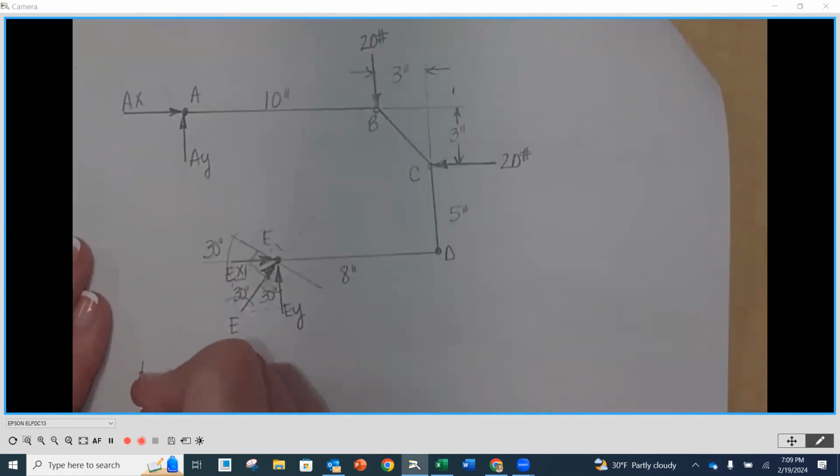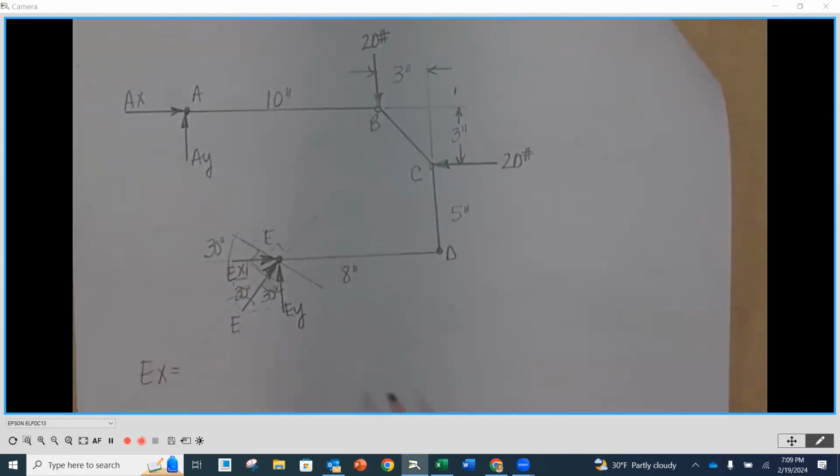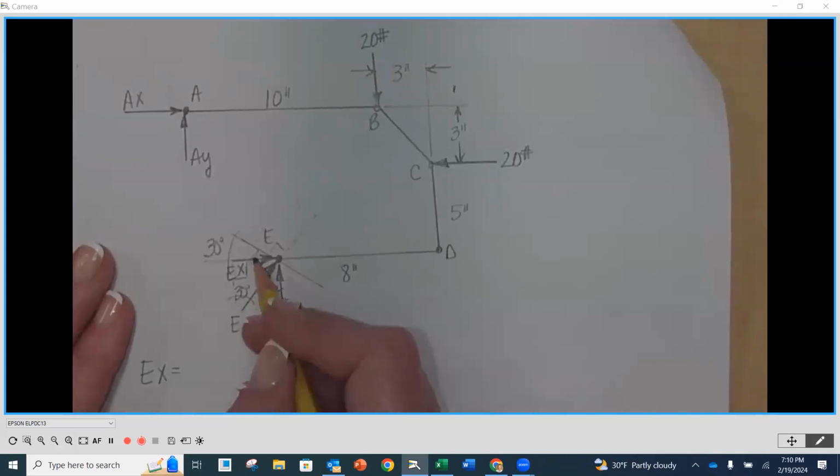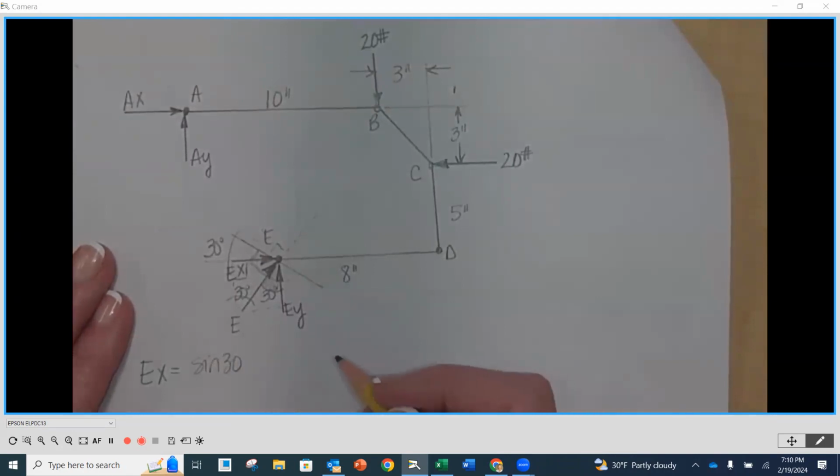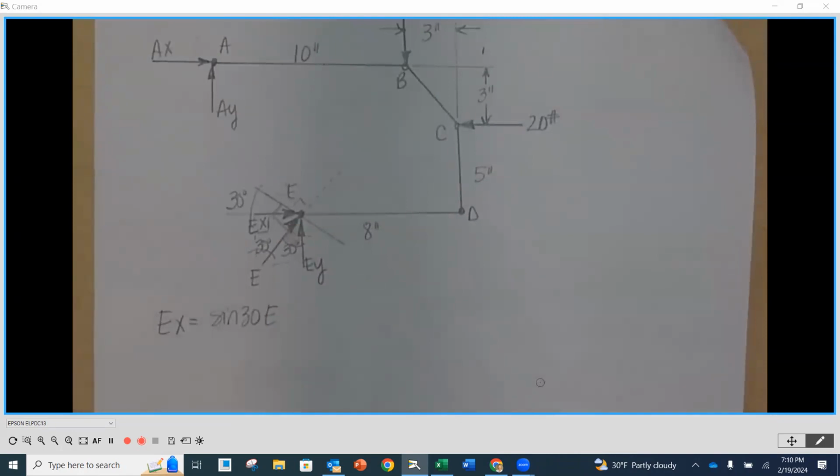So let's do EX. If the 30-degree angle is here, to get EX, it's going to be the side opposite over the hypotenuse E. So EX is going to be equal to the side opposite. That's going to be the sine of 30, times E. Everybody see that?